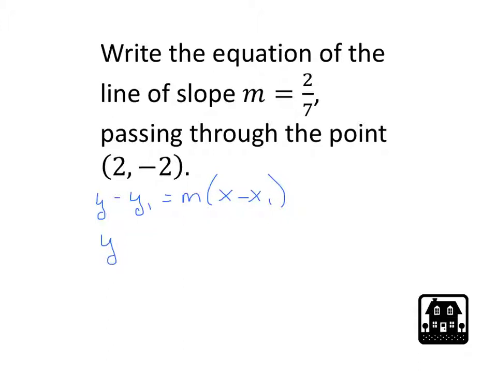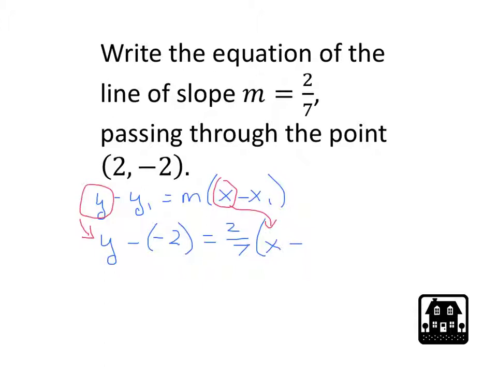So y minus y1, where y1 is the y part of the point we're given, which is minus 2, equals m, which is 2/7, and notice that this y stays y, and this x stays x, but the y1 and the x1, that's where you substitute in the point you're given.